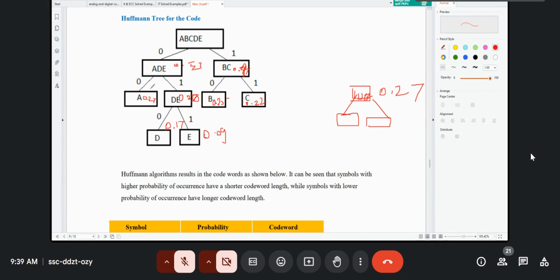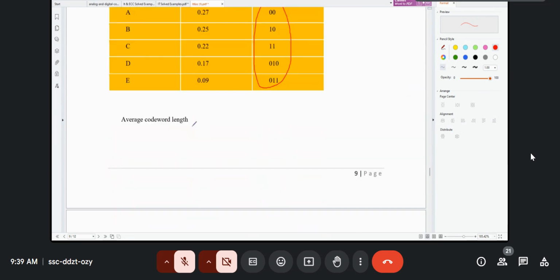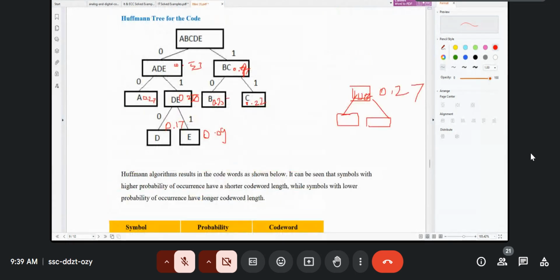So that is 0, 1, 0, 1, 0, 1, 0, 1. Now the code becomes 0, 0, and you always start from the bottom. 0, 0, 0, 1, 0. Actually, it will not even change anything. Actually, will it? No, it will not.